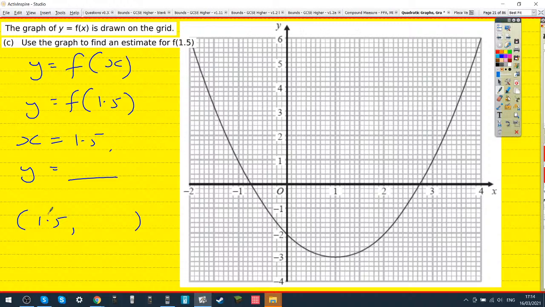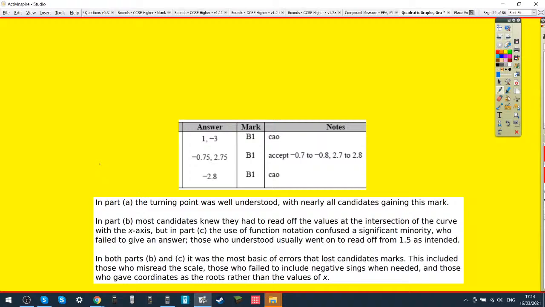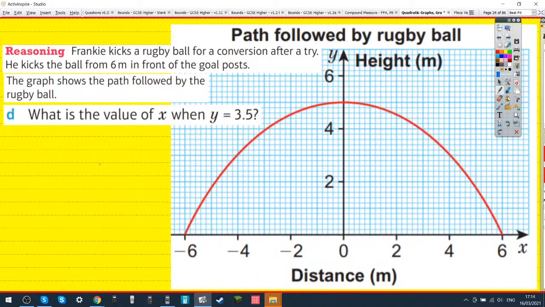The y coordinate is like minus 2.8. I like it. Yeah, minus 2.8. Exactly. Well done.